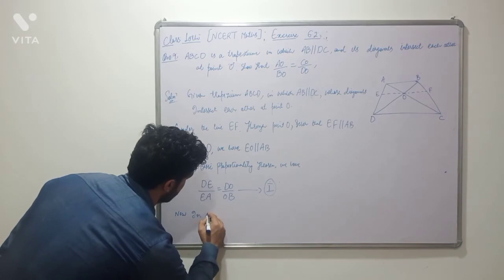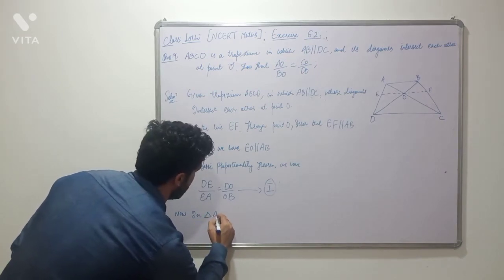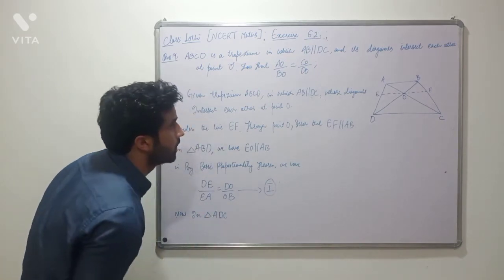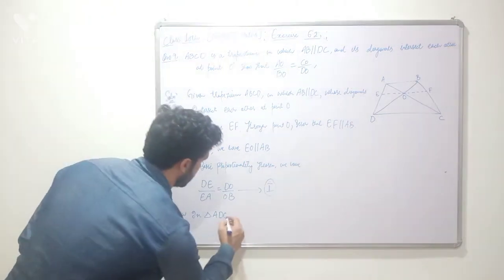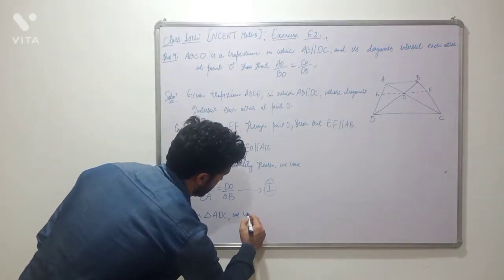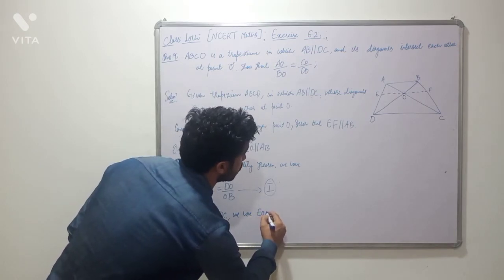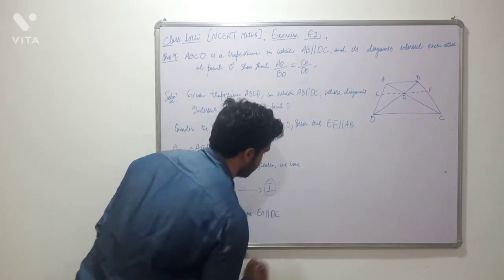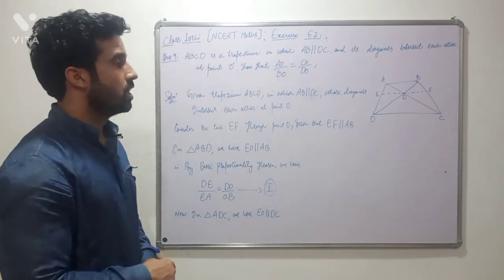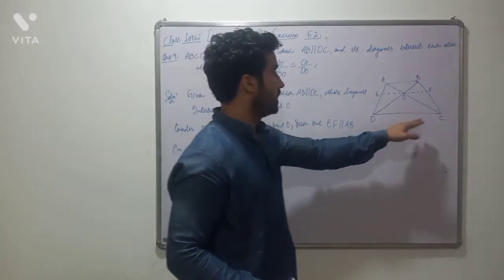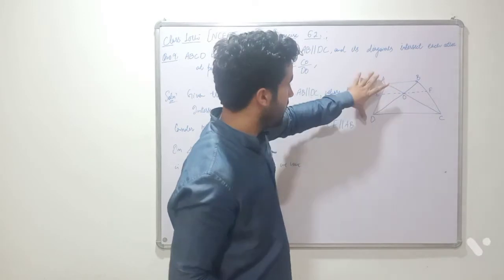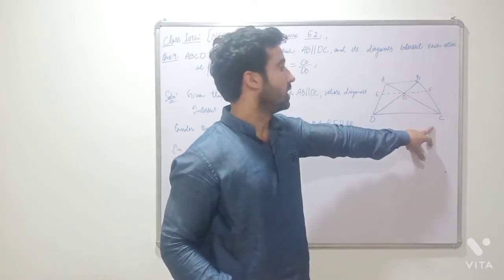Now in triangle ADC we have, what do we have? We have EO parallel to DC. EO is parallel to DC. Once EO is parallel to DC, this EO will divide AD and AC in the same ratio.